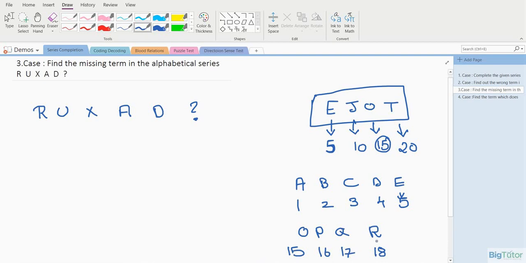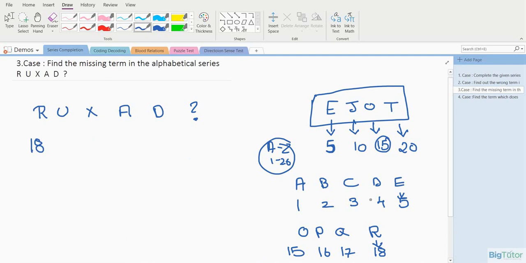So R is at the 18th position in the alphabetical series. A to Z is nothing but 1 to 26. All of us know this. So instead of finding the position of R by starting from A, we start counting only from O. This becomes very easy and we find that R is represented by 18.